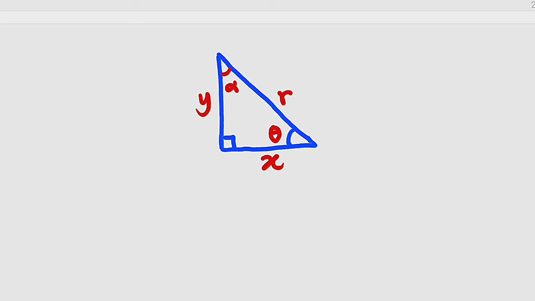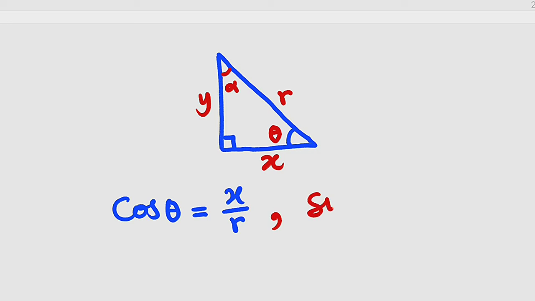First of all, I would like to take cosine of theta. Remember the ratio: cosine of theta is the ratio of the adjacent to the hypotenuse. So we have x divided by the hypotenuse, r. What if you want to find sine of alpha? Sine is opposite divided by the hypotenuse.